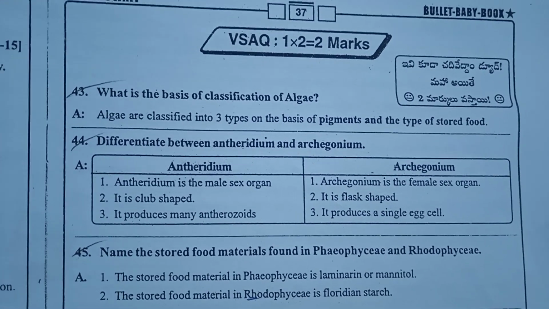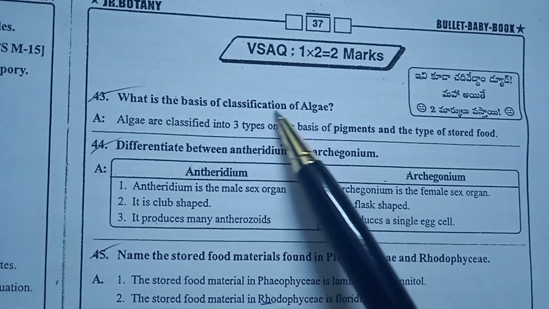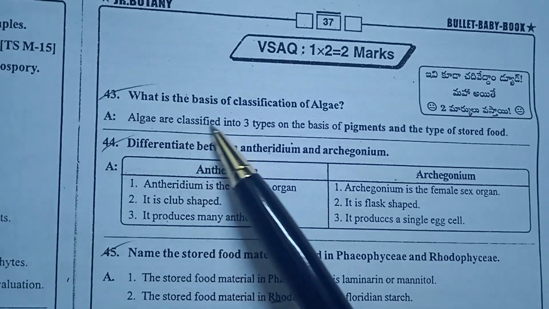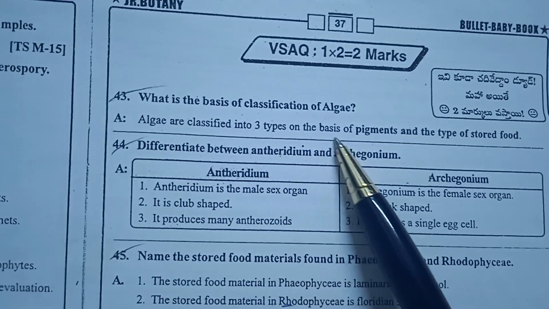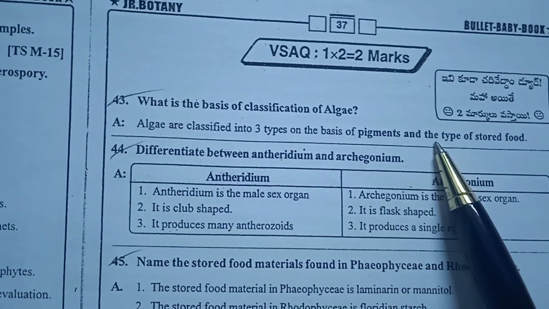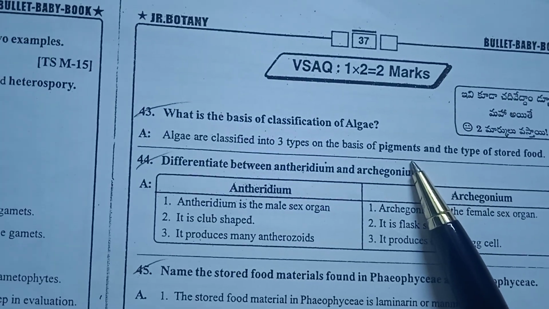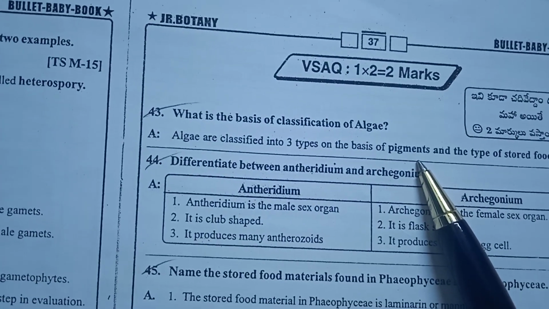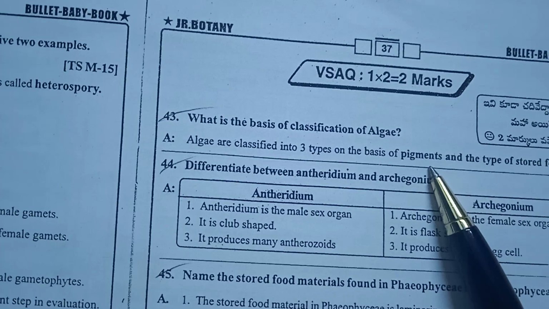What is the basis of classification of algae? Algae are classified into three types on the basis of pigments and the type of stored food. Pigment means any colored material found in a plant.